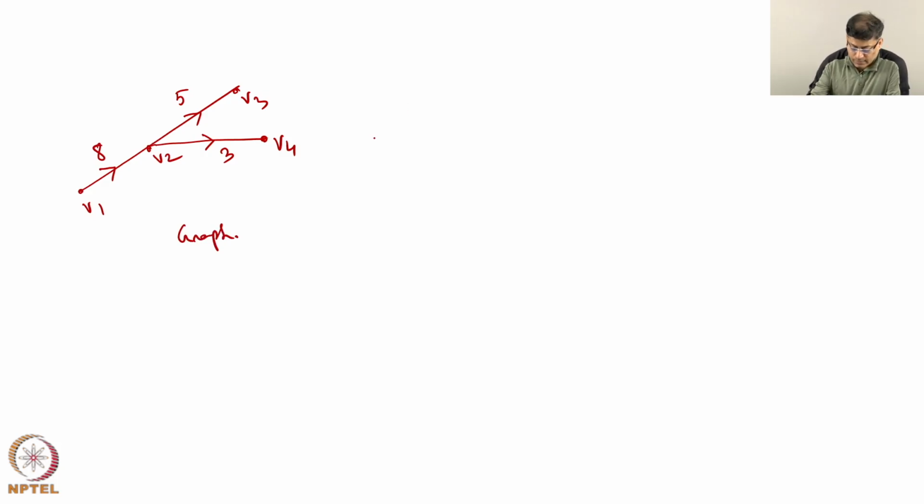If I ask you a question, is this possible in nature by some way, or is it possible to have artificially a situation like this? Eight units come in, 2 units go here and 3 units go there.